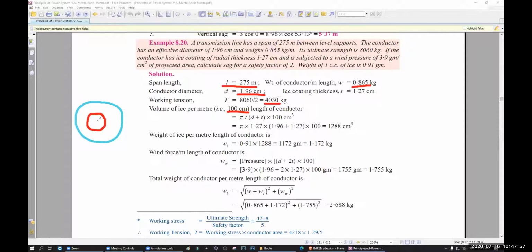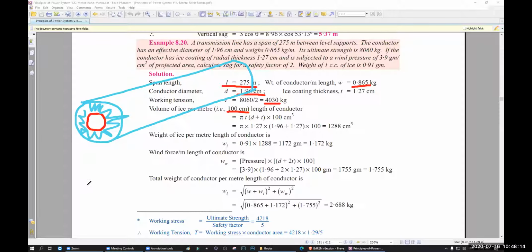You can find it by calculating along the length. Remember, your ice is only this much, not the middle part. The middle part is the conductor.